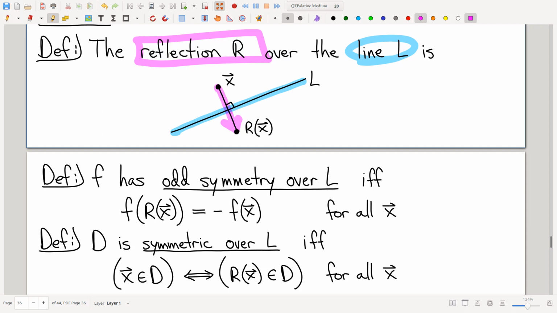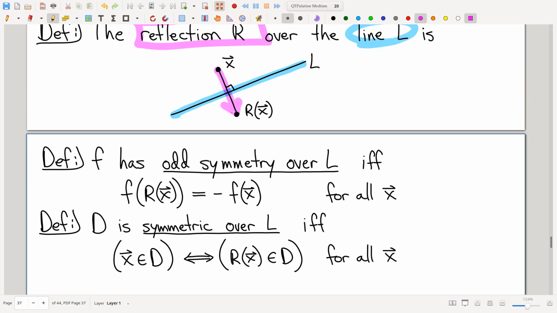It's exactly what you think geometrically, just like when you look in the mirror. Is that believable? Okay. Well, there is a notion of oddness. Odd means that you get a minus sign when you reflect the input. Shameless ripoff of the equivalent idea for single variable. There is an idea of a symmetric domain. A domain being symmetric, you're going to see pictures that we're about to talk about.